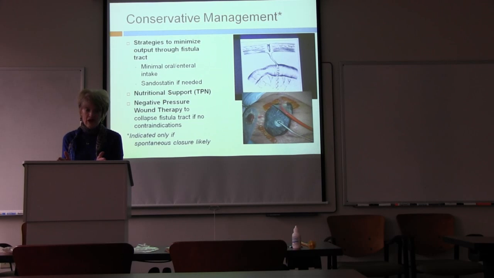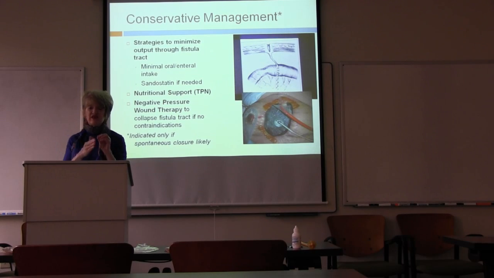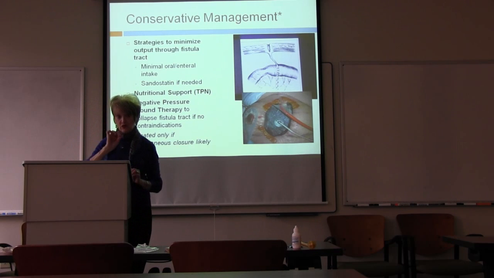We no longer recommend making these patients totally NPO. We now recommend giving them very low volume oral or enteral feeds, specifically either giving slow drip, high protein formula, or having the patient sip throughout the day on a high protein formula.